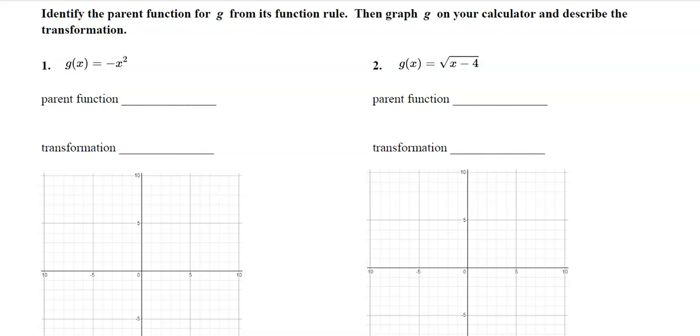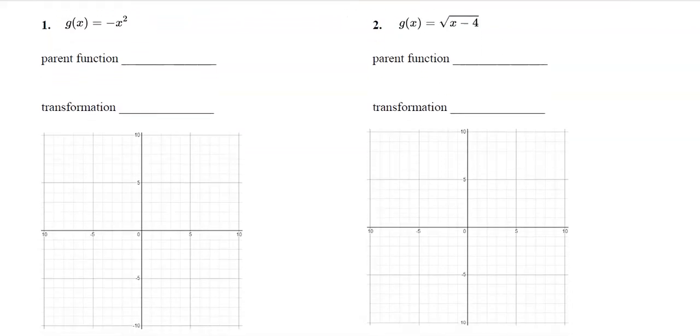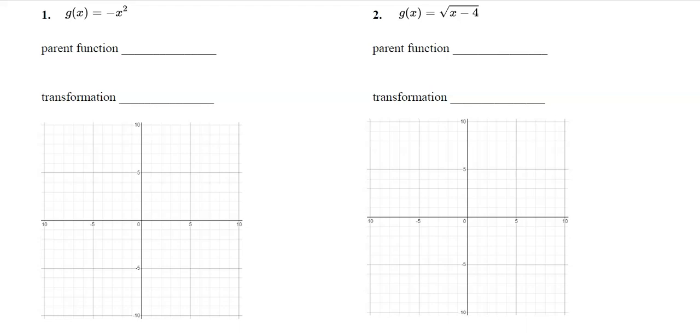So remember, we have those four parent functions, kind of like the OGs, if you will, for each family. You have y equals x, which is just a line, that's linear. And then you have y equals x squared, which is a quadratic.